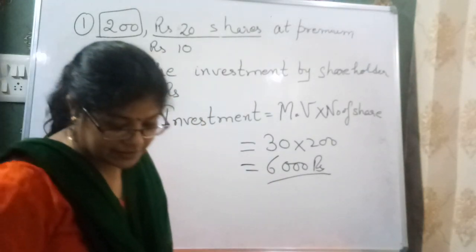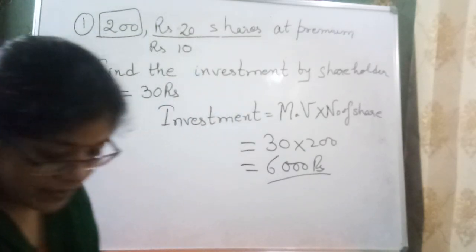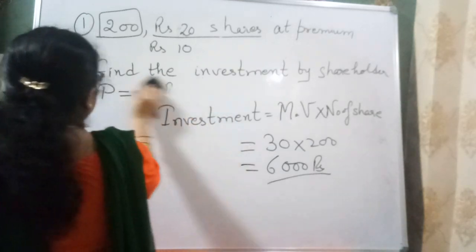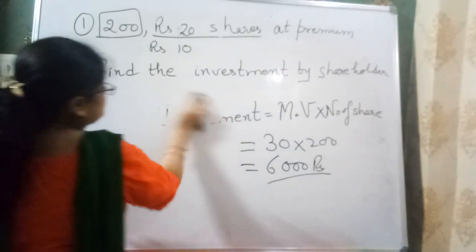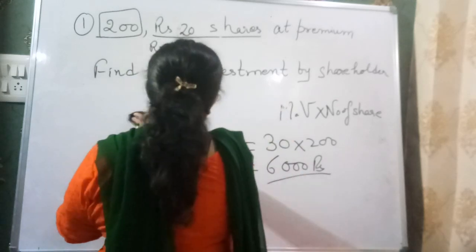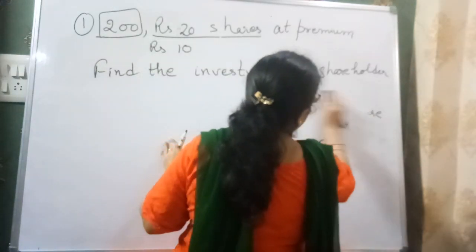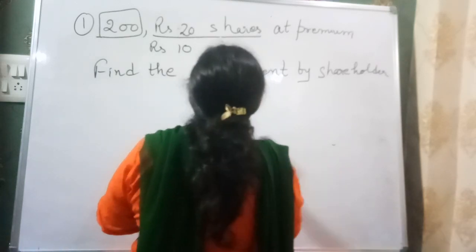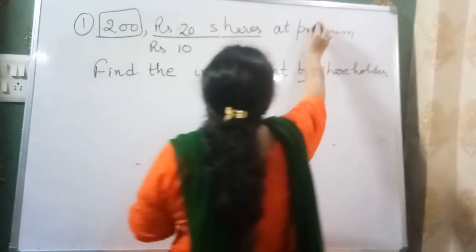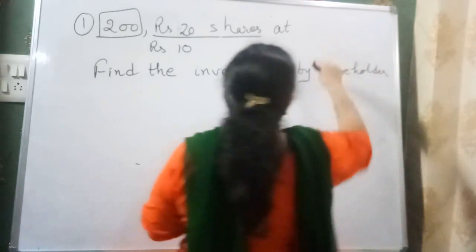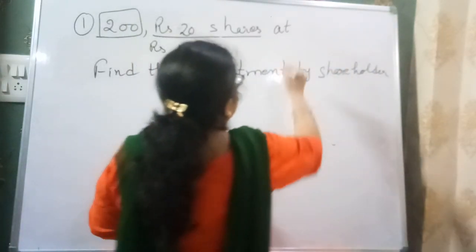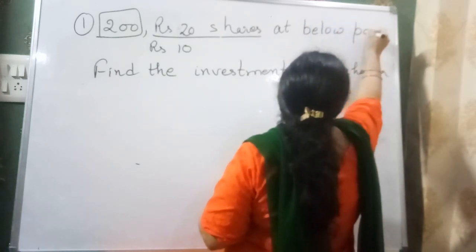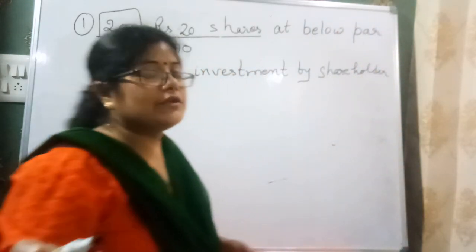Now consider another question in the same way. I just twist the question. For example, when the price of the share is decreased, how much money does he invest? I take the same question and write at below par, or discount can also be written in the question.